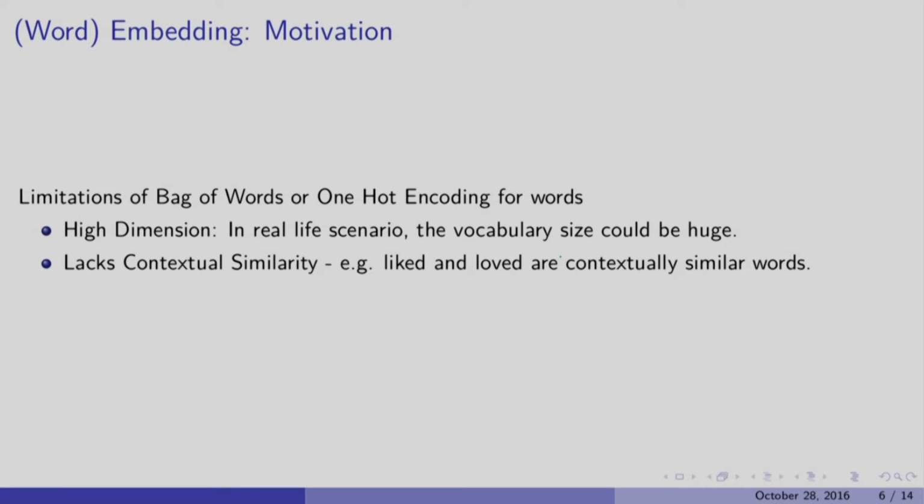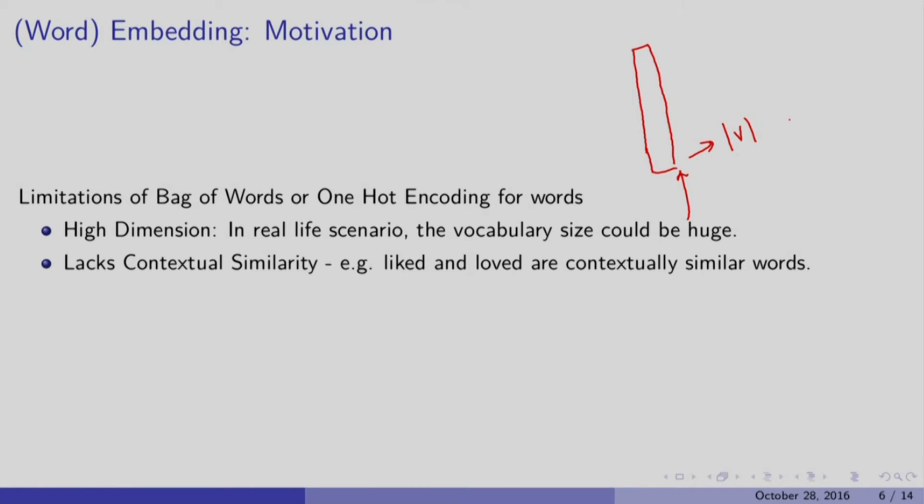There are of course limitations to the bag of words. First of all, each word occurs a few times and overall there are lots of words that occur, and as a result the vocabulary size is very large. So with this kind of representation, your encoding for every single word would be as long as the size of the vocabulary.